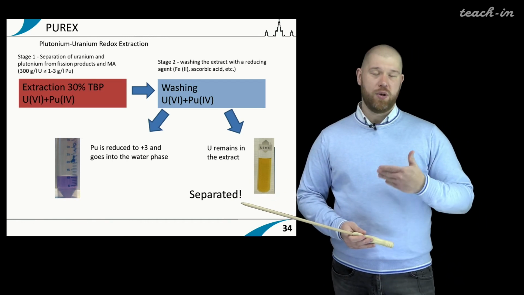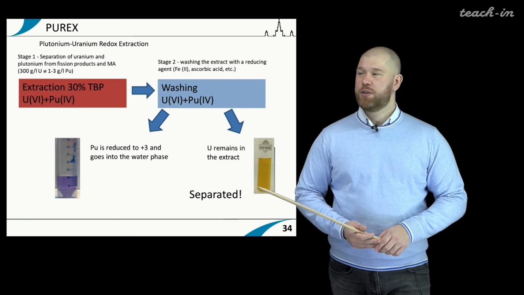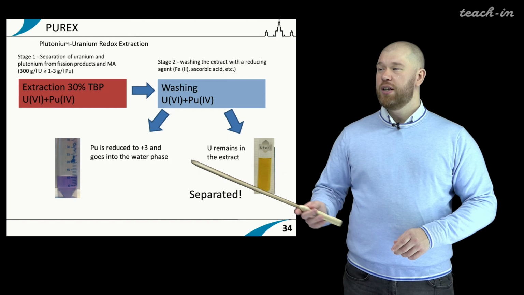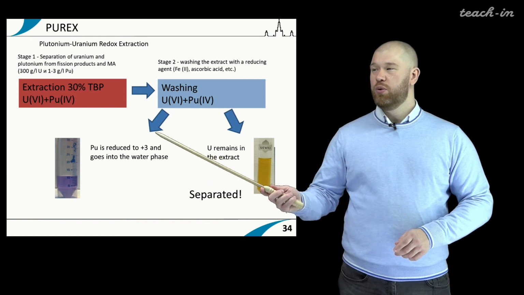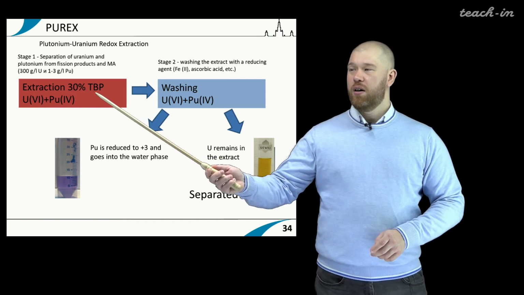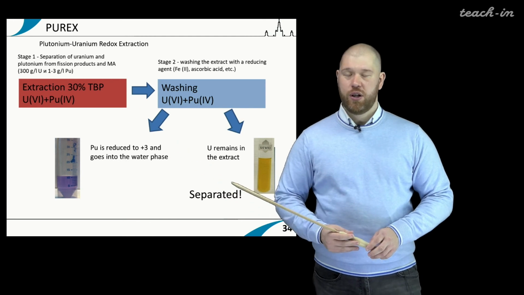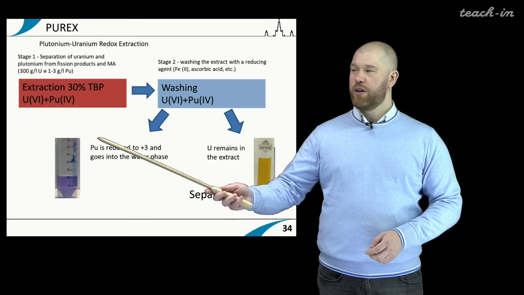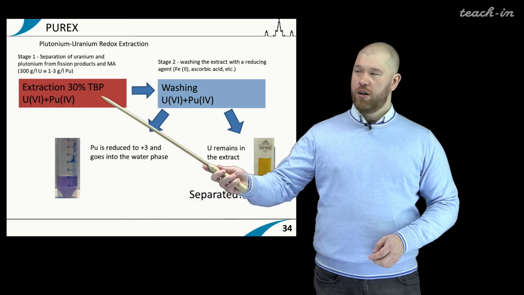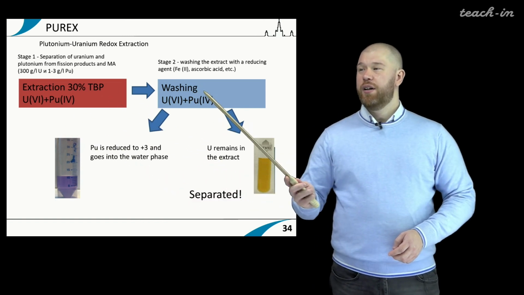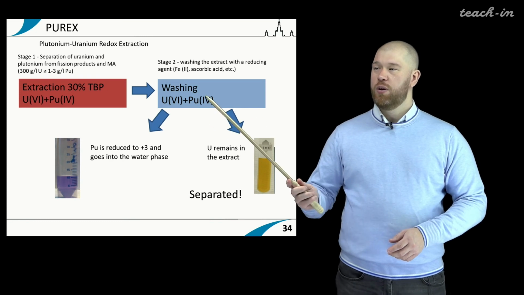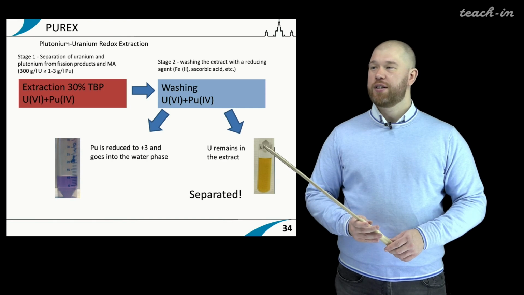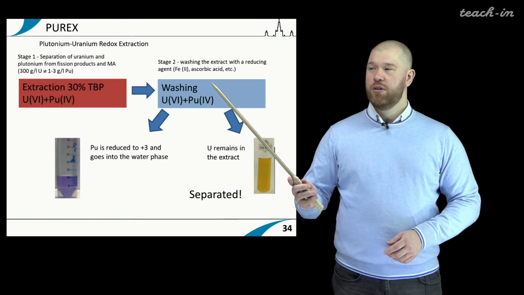So first of all, we dissolve all the spent nuclear fuel in nitric acid. Then we extract uranium and plutonium by the organic solution of tributyl phosphate in kerosene. Uranium and plutonium go to the organic phase. Then we wash this organic phase with an aqueous phase containing some reducing agent.